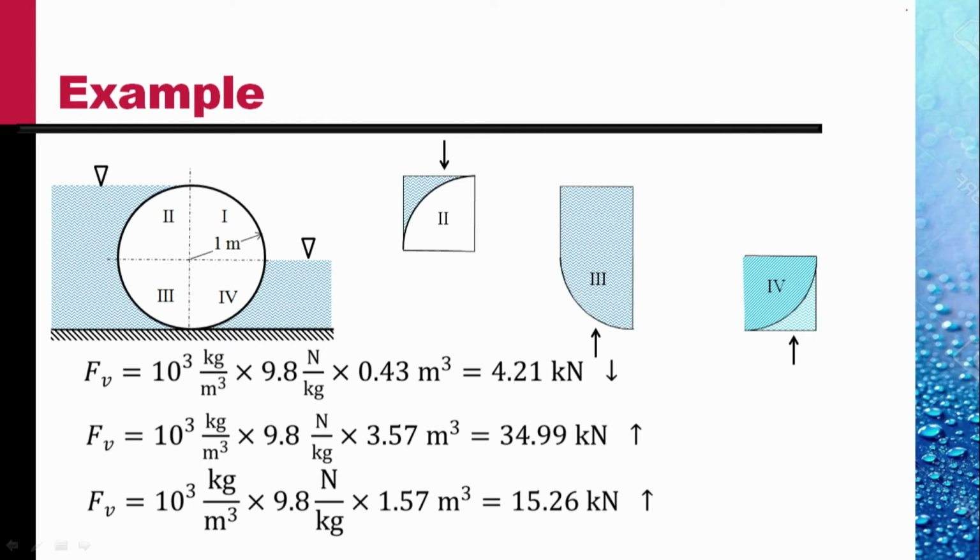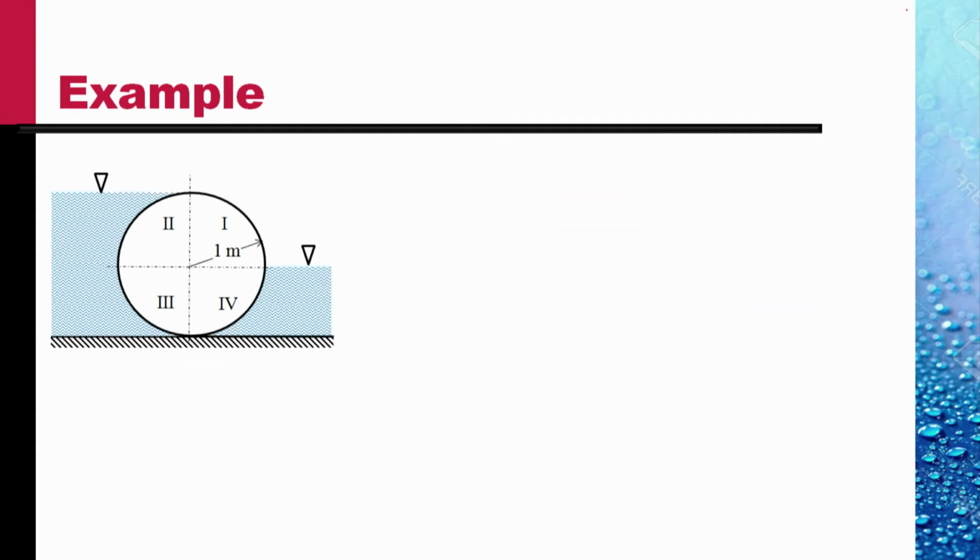We can sum up the three and find out the total vertical force on this circular cylinder per unit depth into the paper.